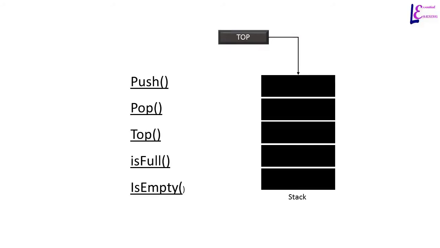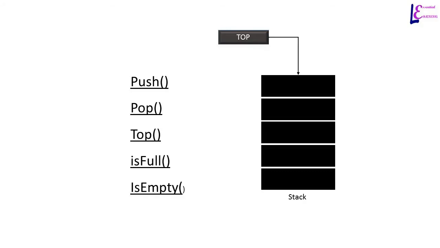Here are some of the operations that are related to the fundamental property of a stack, and that is element can be added only at one end, called the top. For adding an element, operation is push, and removing an element, operation is pop.